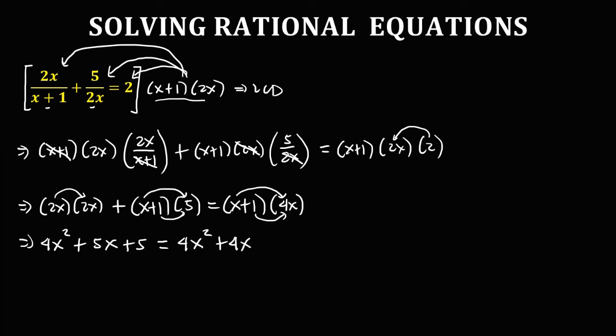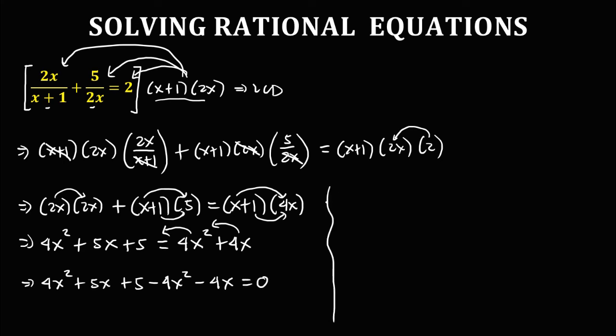Then equate this equation to 0, so transpose everything to the left side. So we have 4x squared plus 5x plus 5. Transposing, this becomes negative 4x squared, and this positive 4x becomes negative 4x, then equals 0. Then simplify, combine like terms. So we have positive 4x squared and negative 4x squared, so positive 4 minus 4, this one is 0.